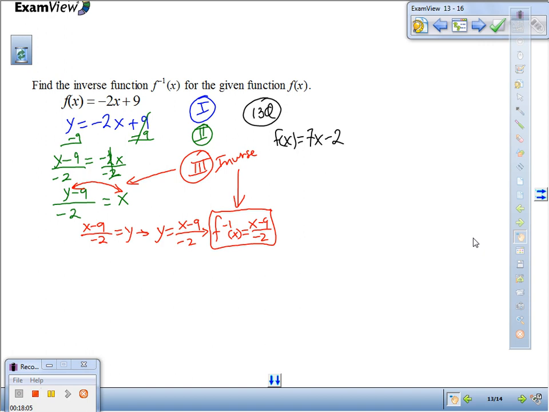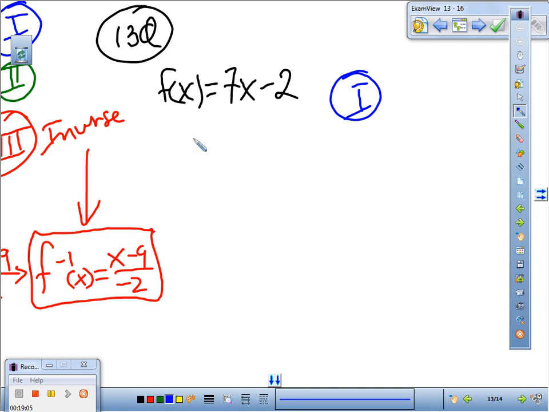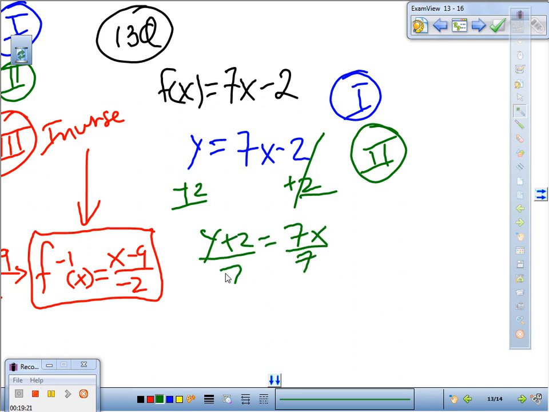All right? There goes the process. See if you got it. Focus, please. Step 1, change to y form. y equals 7x minus 2. Step 2, solve for x. Plus 2, plus 2. We got y plus 2 equals 7x. Divide by 7. We got y plus 2 over 7 equals x.